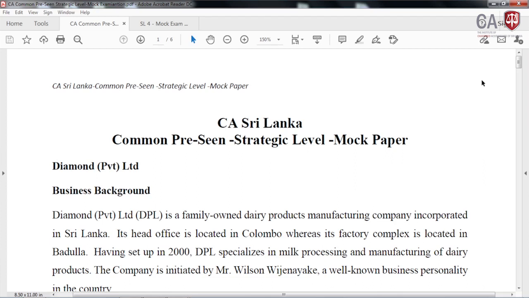But without having the habit of answering the question in the proper way, you will not be able to develop a good answer. Therefore, it is important for you to practice more questions. Do at least 10 papers and go for the exam.